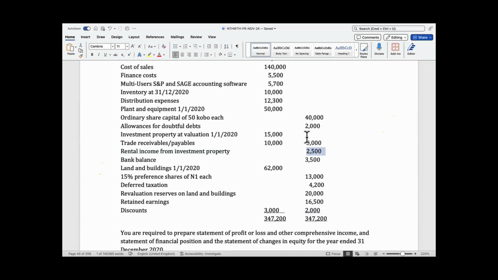The allowance for doubtful debts. Is it an income? Is it bad debt recovered? No, it's not bad debt recovered. Allowance for doubtful debt means that we are just estimating that some of our receivables might not pay.